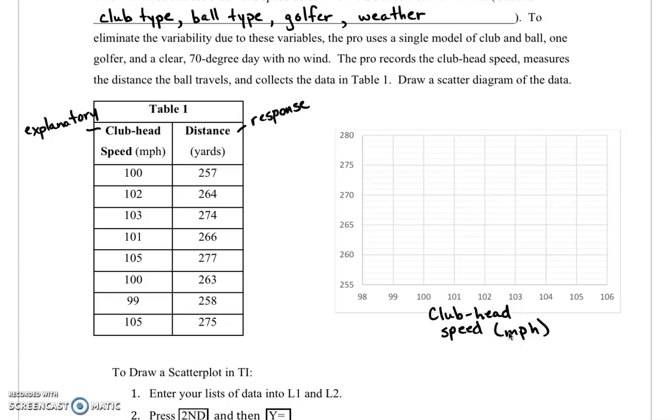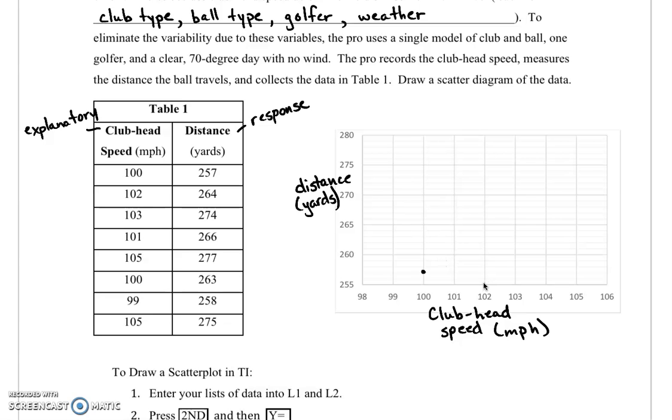We should always label what's on each axis. And our vertical axis is distance measured in yards. So at a club head speed of 100, so we go 100 on the horizontal axis, we have a distance of 257 yards. So about right here.